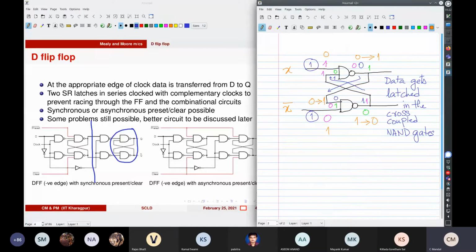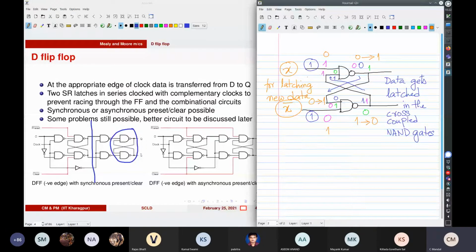So for latching new data, what you do is you have X here and X bar here. That is important. So it's always complementary. It's either 1, 0 or 0, 1. So in that case, you find that the output follows the input.